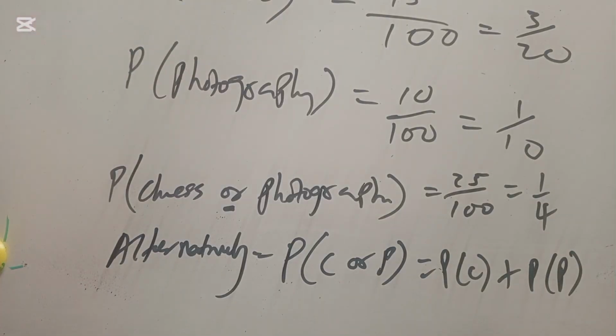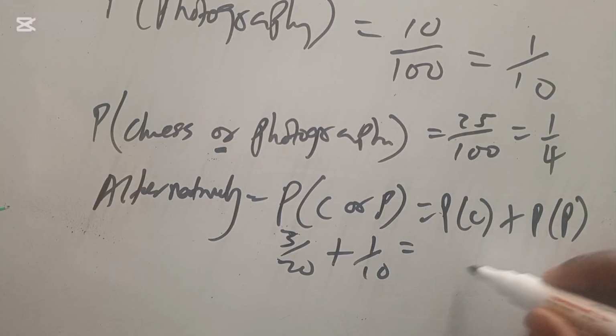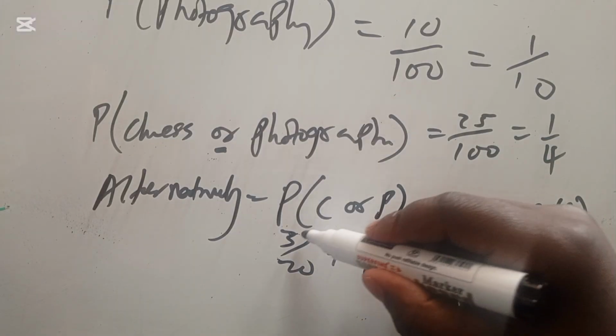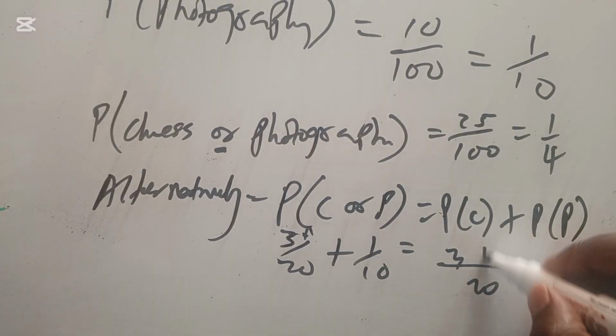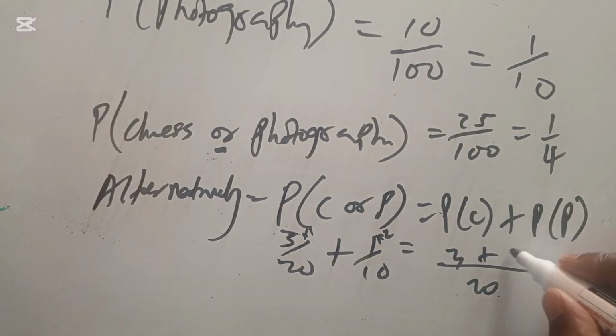When we add, we expect this answer. So you will have 3/20 plus 1/10. What's the LCM? The LCM is 20. And you have 20 divided by 20 times 3, plus 20 divided by 10, 2, times 1.